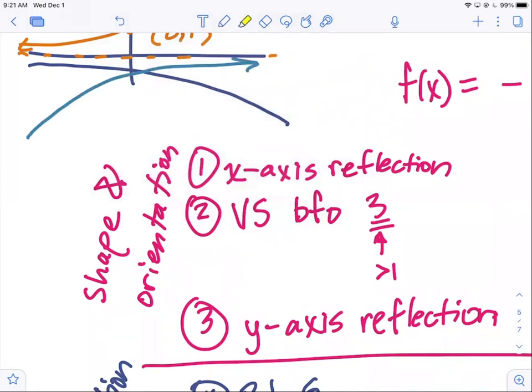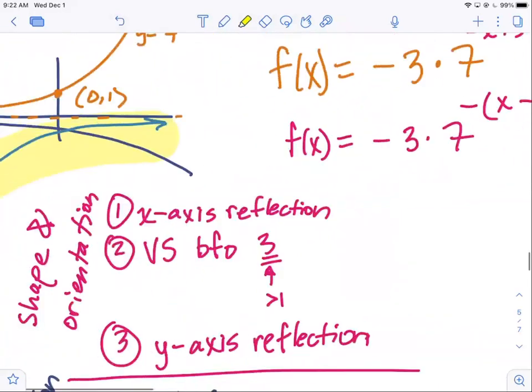So that being the end of my A's and B's, this is your final shape and orientation. It's going to be an increasing function below the horizontal asymptote. That's what's important. Then we pick it up and move it right 5 and up 4.